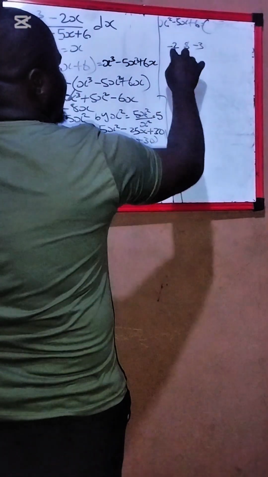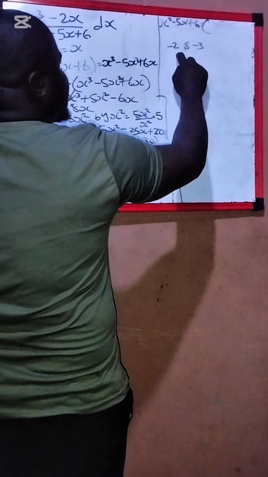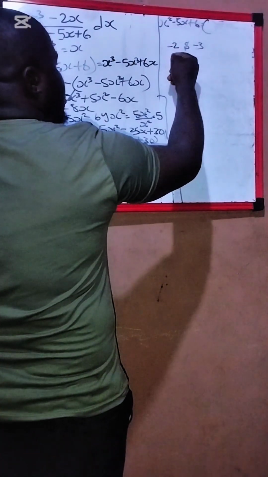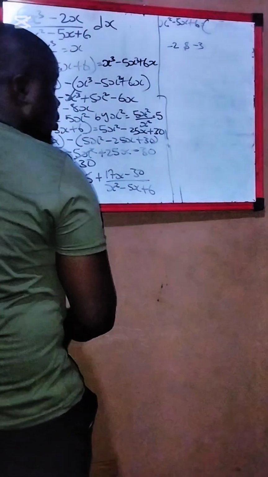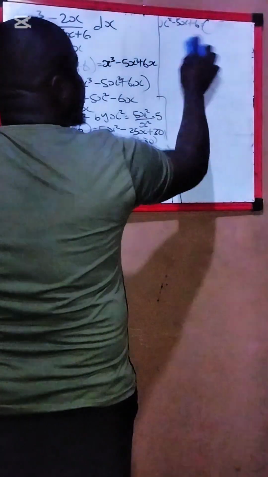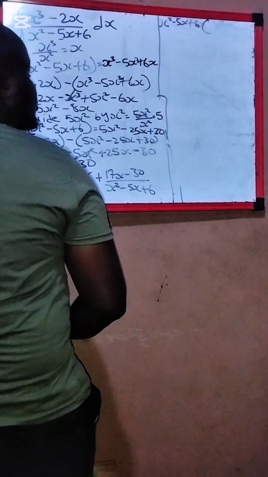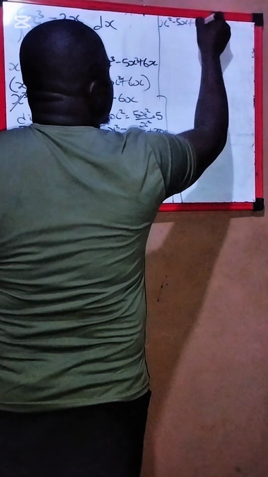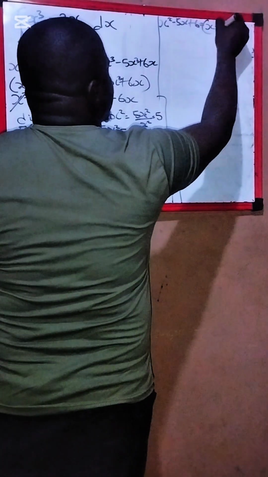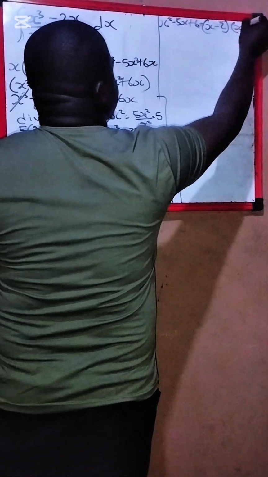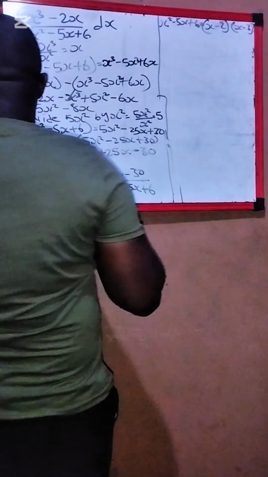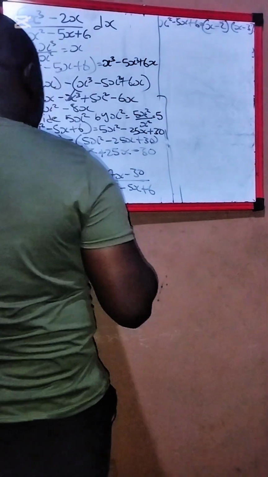These are the two numbers. Minus times minus is plus, 2 times 3 is 6. And minus 2 minus 3 will definitely give us minus 5. So when we factorize this, it gives us x minus 2 times x minus 3.